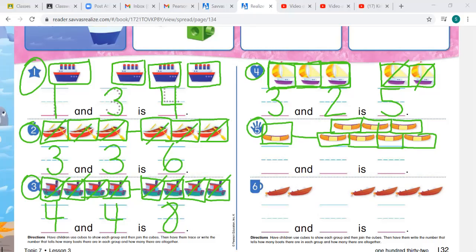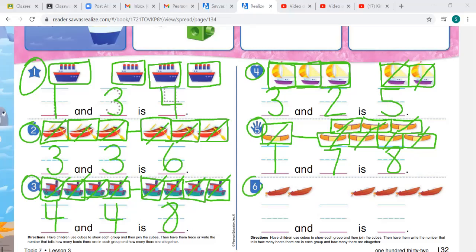We're going to do this to show that we're going to connect them. So we have 1 group of boats here and 7 in our next group. So 1 and 7 is 1, 2, 3, 4, 5, 6, 7, 8. 1 and 7 is 8.